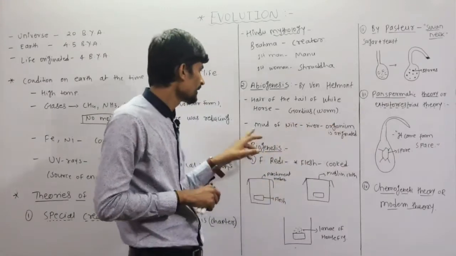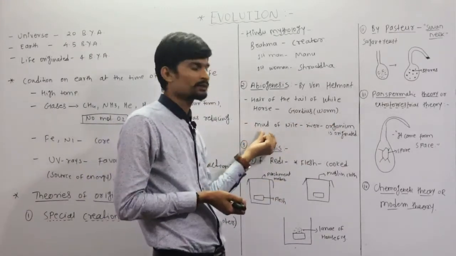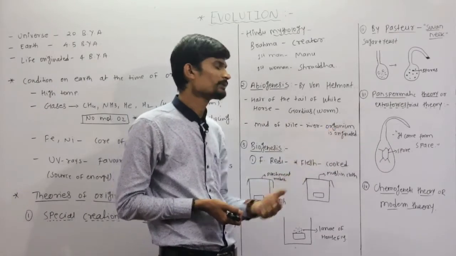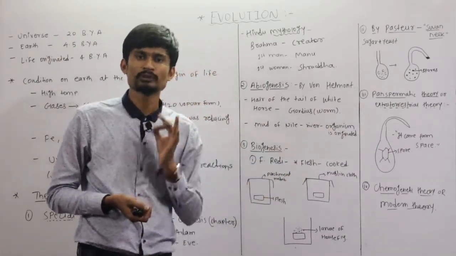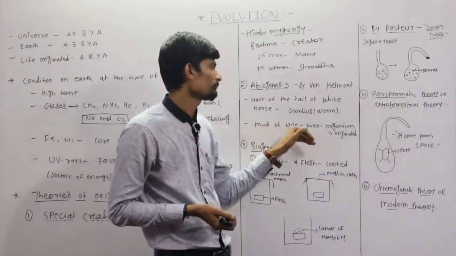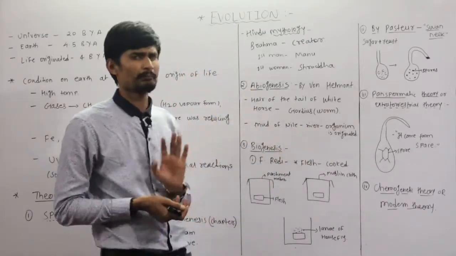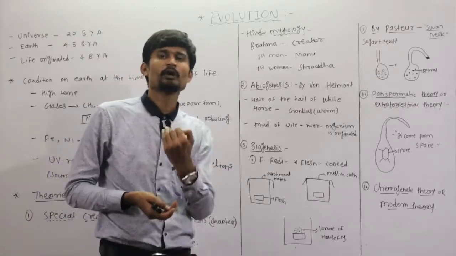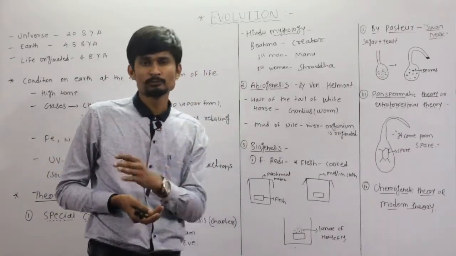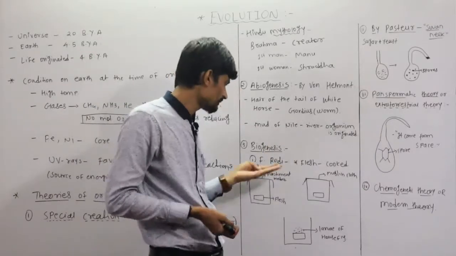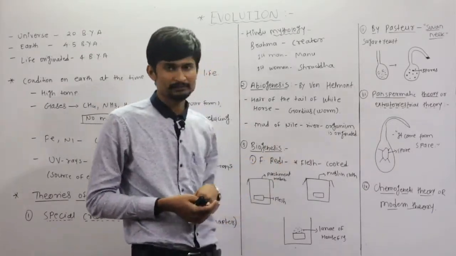Then some scientists believe that the organism originated from the mud of the Nile river. The first organism originated from the mud of the Nile river. So this is the theory of abiogenesis. But this theory of abiogenesis was disproved by the theory of biogenesis, which was given by Francesco Redi.